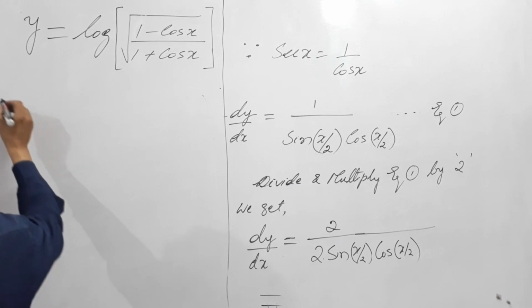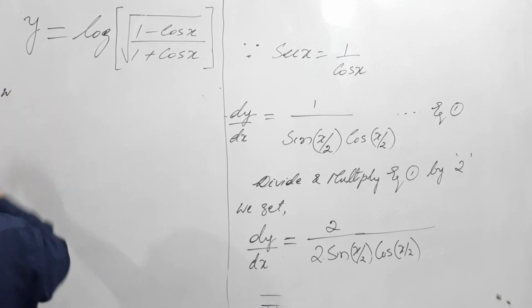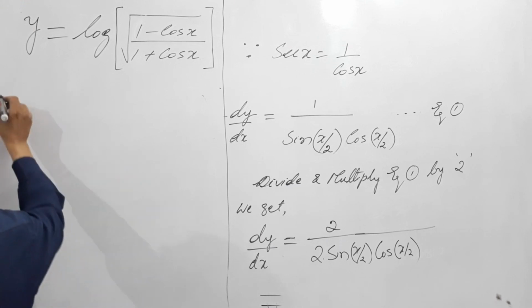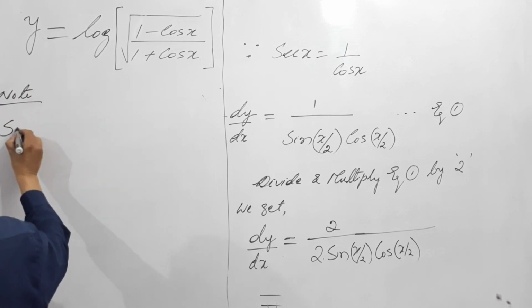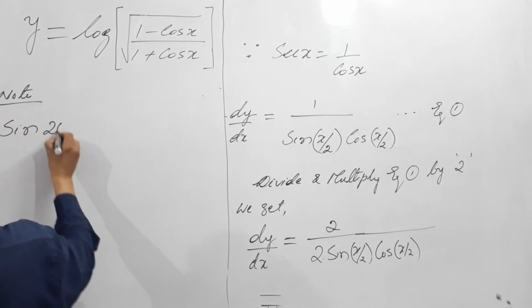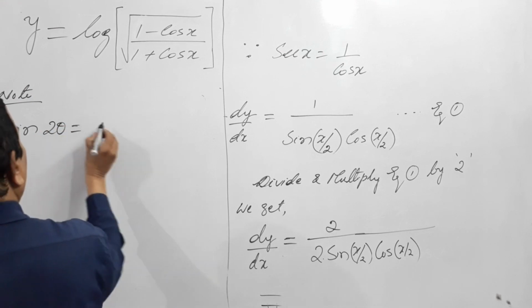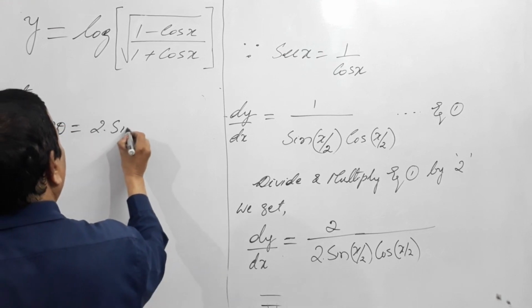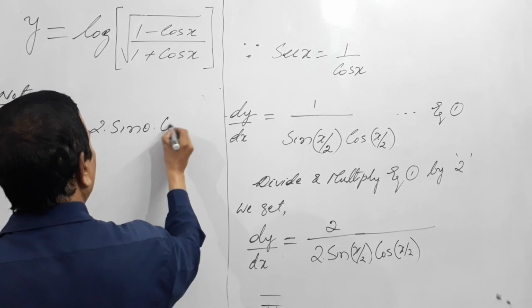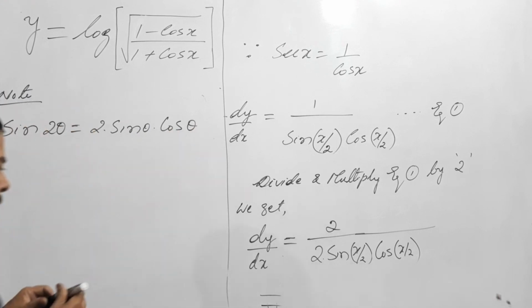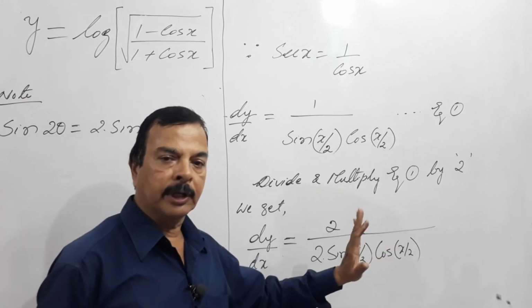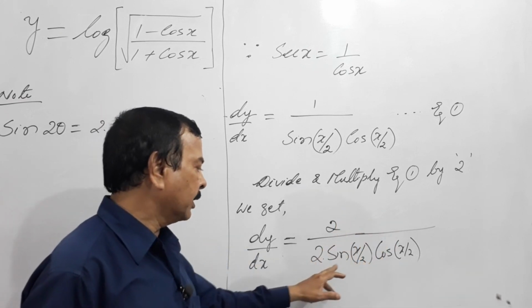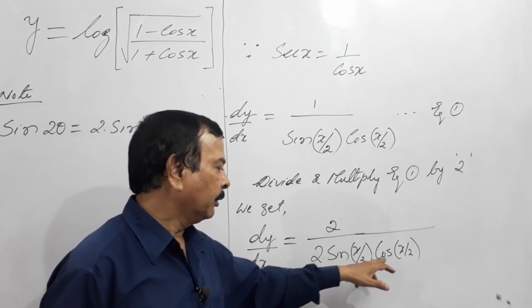So here note sin 2 theta equals 2 sin theta into cos theta. Similarly, sin 2 theta by 2 equals 2 sin theta by 2 into cos theta by 2, that is 2 sin of x by 2 into cos x by 2.